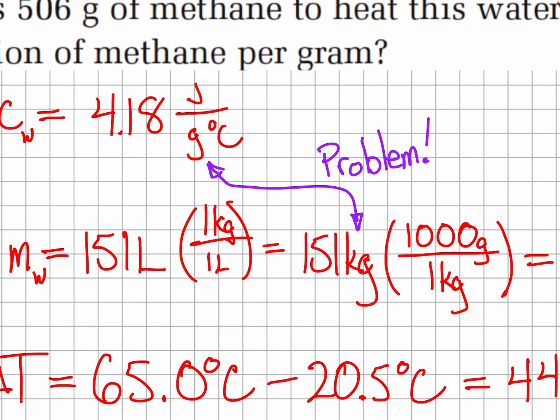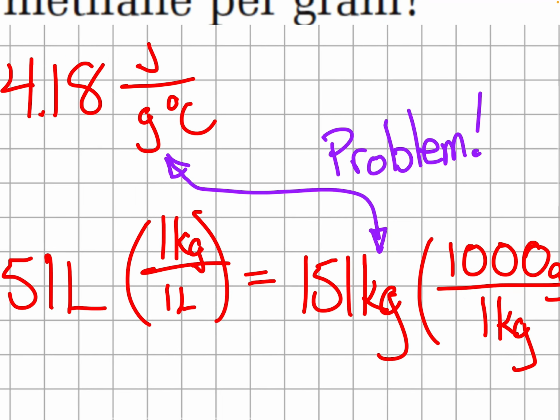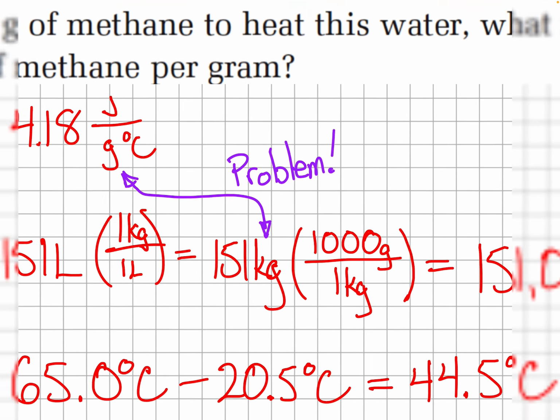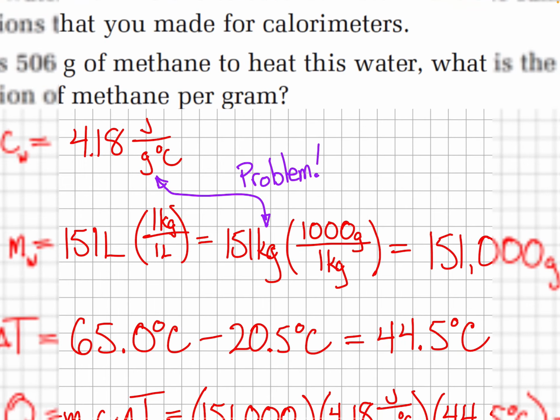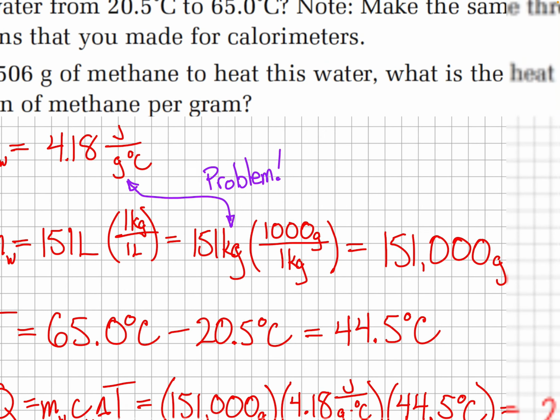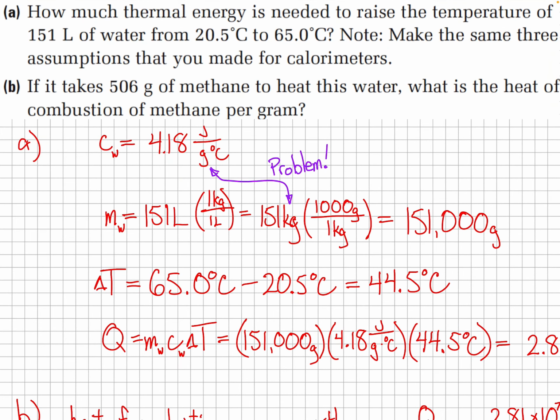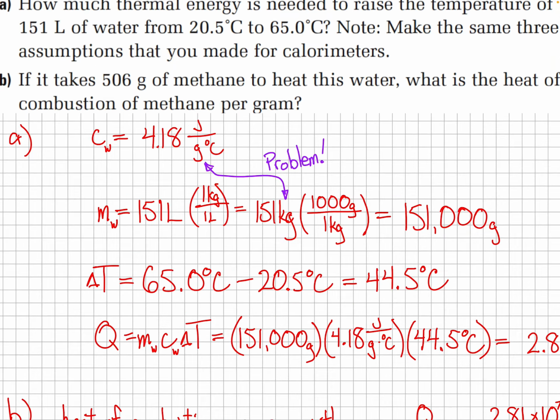We have a problem though because our units of mass do not agree with each other, so we need to convert this mass to grams. I've done that by multiplying by 1,000, which gives 151,000 grams.